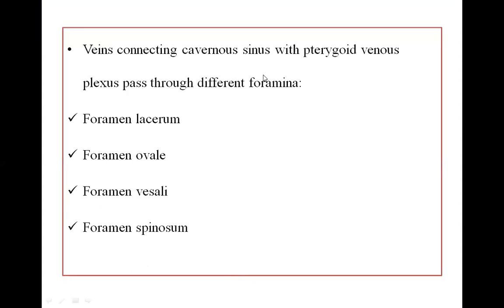Veins connecting the cavernous sinus with the pterygoid venous plexus pass through different foramina. These foramina are foramen lacerum, foramen ovale, foramen Vesalius, and the foramen spinosum.